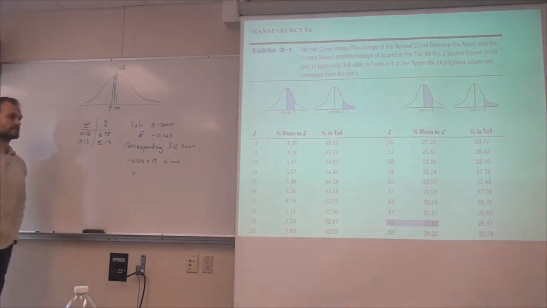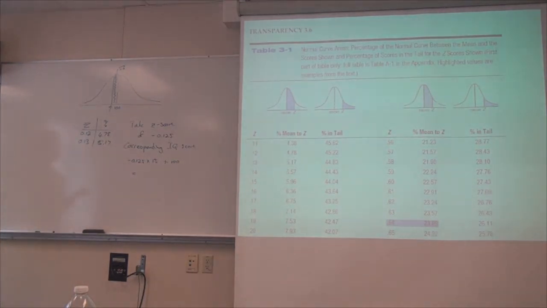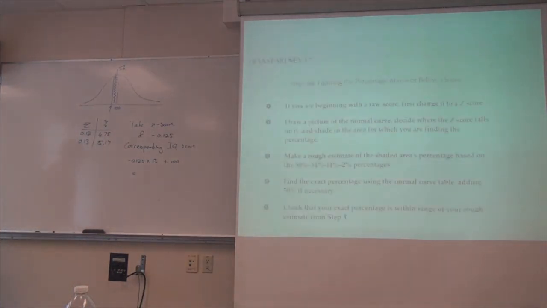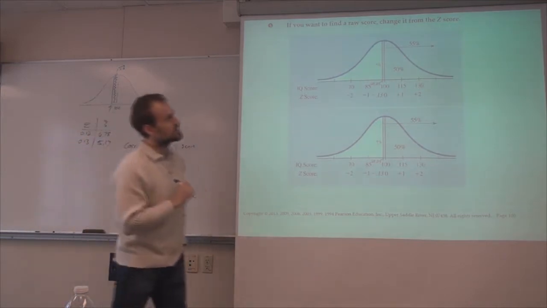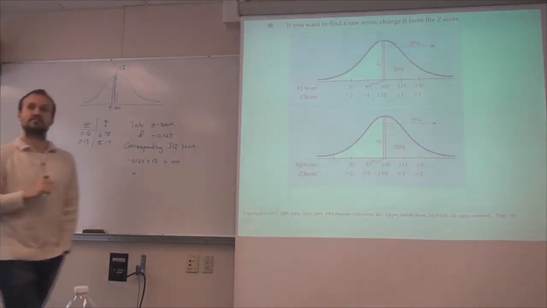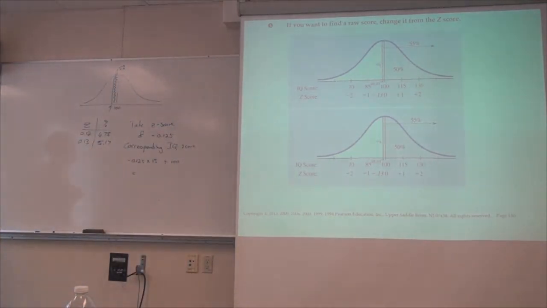What do I get? Should be something just under 100. Oh, all right. Let's just verify what they do, because we've seen that it's not always completely accurate. Is it 98.05? Let's just check.